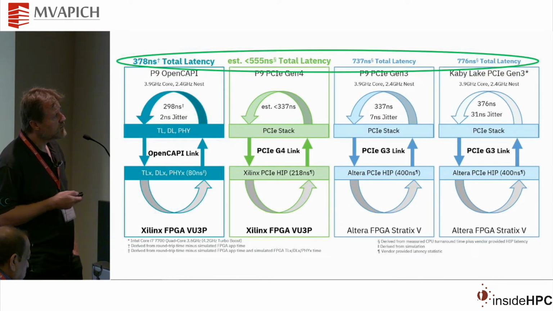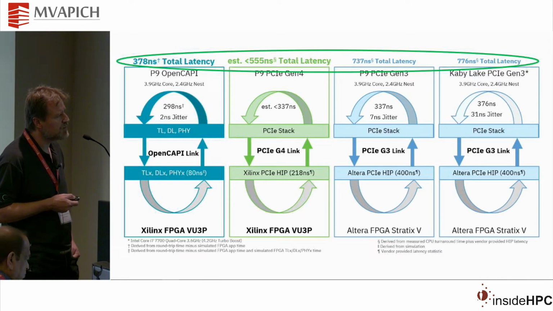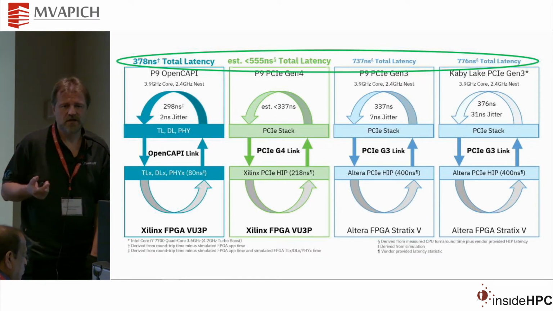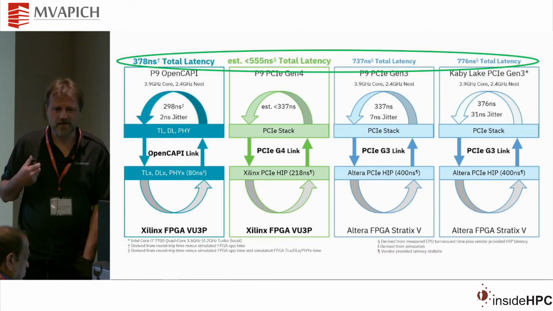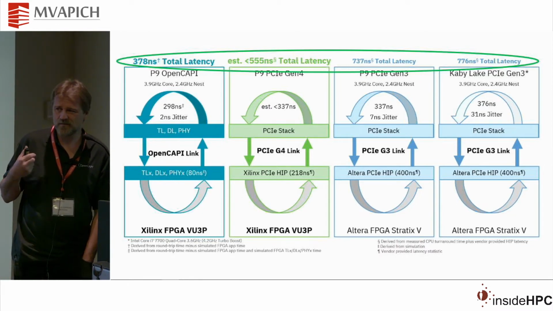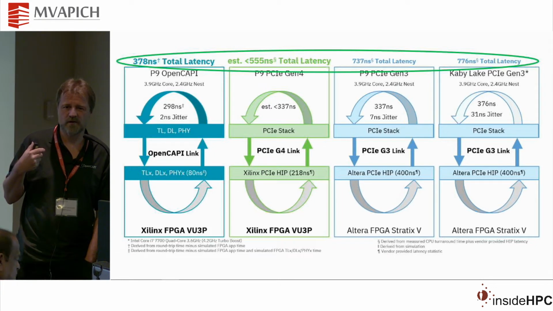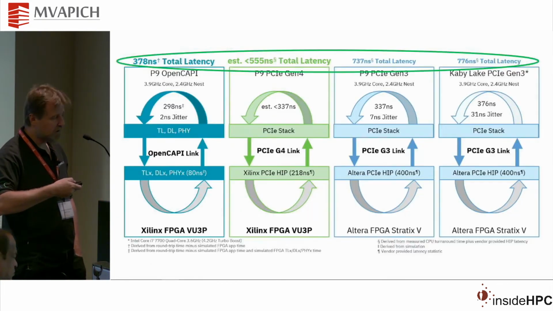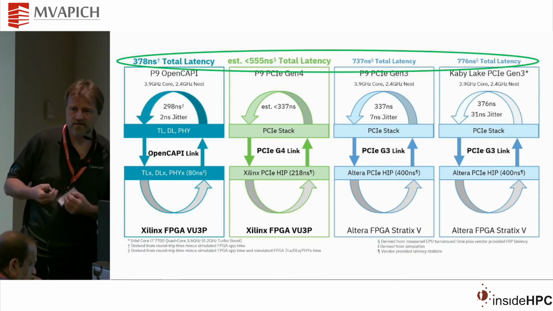So that's the total latency that we have here. Adding, theoretically, this PHY, I don't want to go into the detail of that because this is purely the link latency that you cannot reduce. But thanks to the very good Power 9 IO capability, and thanks to the excellent capability of Xilinx, the FPGA provider we work closely with, we can achieve a very low physical, unavoidable latency on the link.